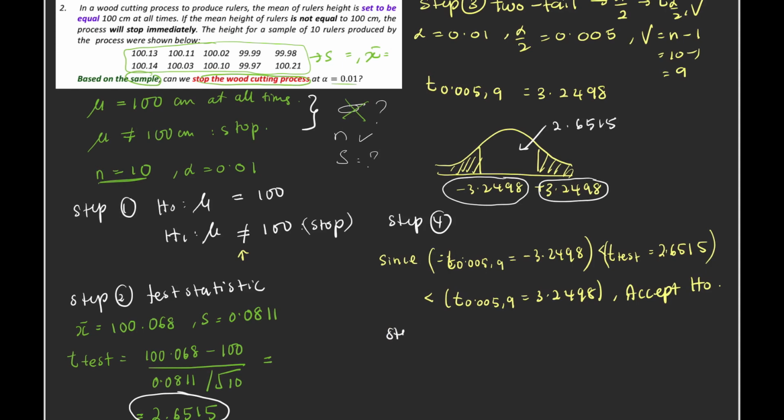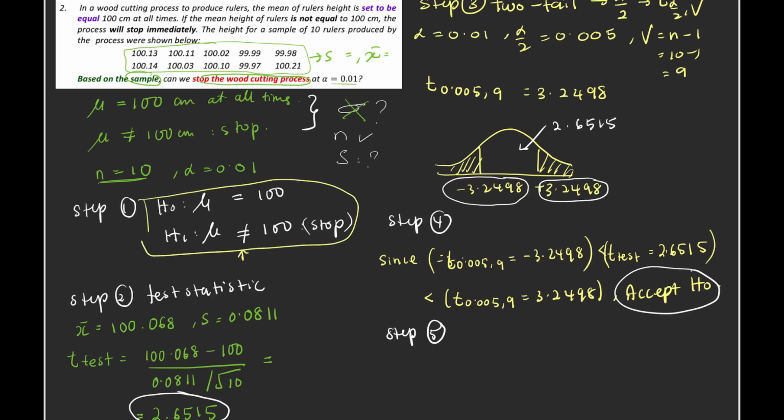Okay, step 5. What will happen if you accept H null? Here you accept H null, so you discard your H1. Right, so now at alpha 0.01, mu is equal to 100.